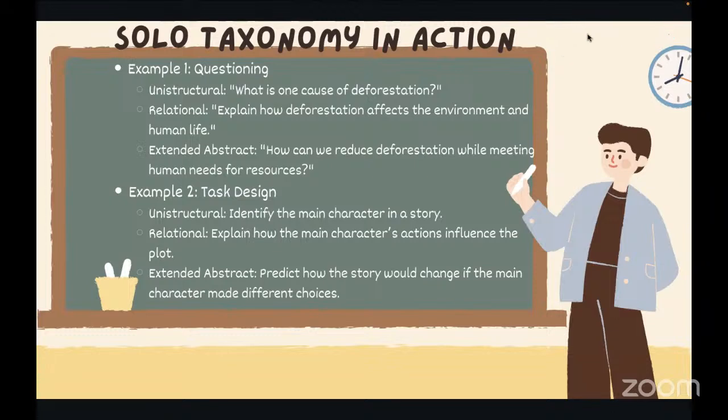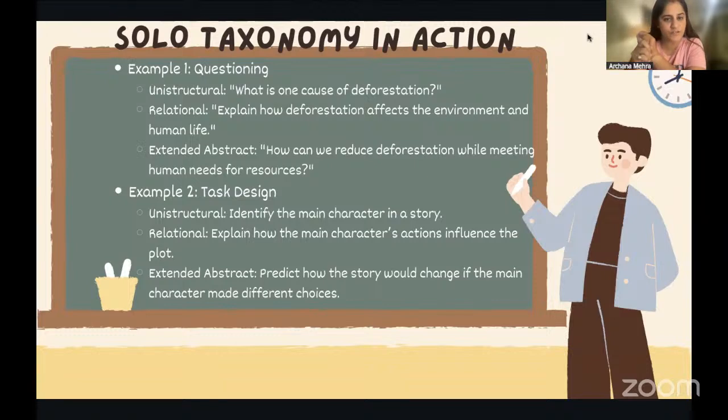One is used for planning the lesson, the other one is used to assess the level of the child's understanding, to give feedback, and the child can also do the reflection. Whereas Bloom's taxonomy can be utilized to make all the learning engagements as well. So Rashi, I will be taking a session on Bloom's after she finishes SOLO taxonomy. Then you can ask, and then we can make those connections and compare both.